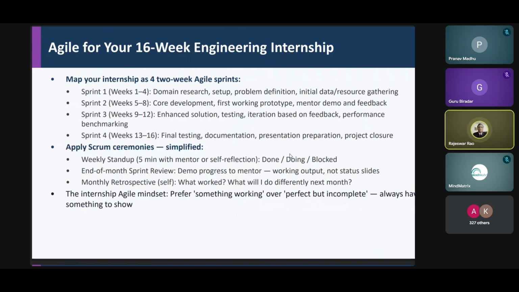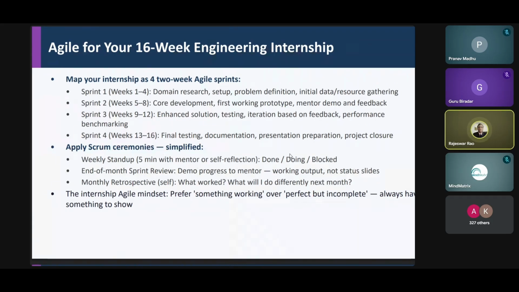And also, apply the various ceremonies like a daily stand-up, the scrum review, the status review, do a peer review with your friend, do a once in a week retrospection, what went right, what went wrong. Can you look things differently? Can you learn, or do you need to learn anything differently?